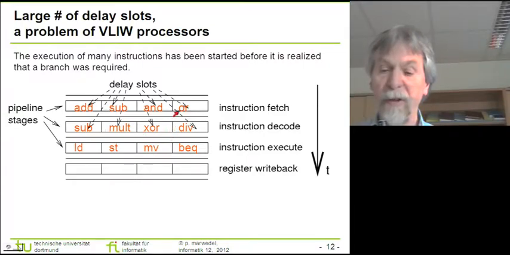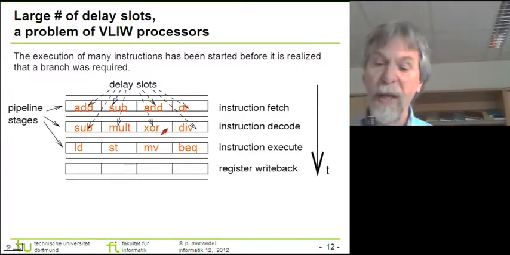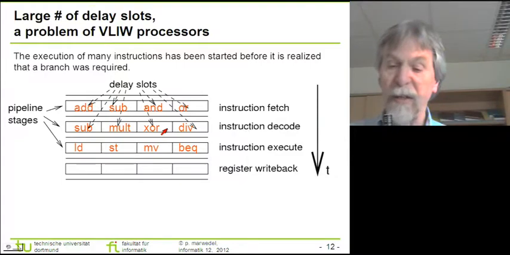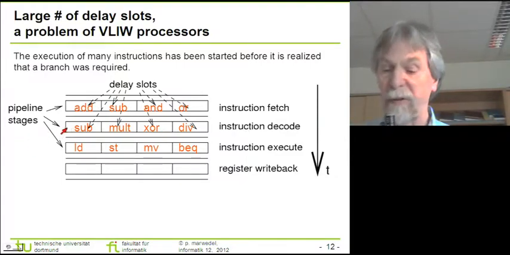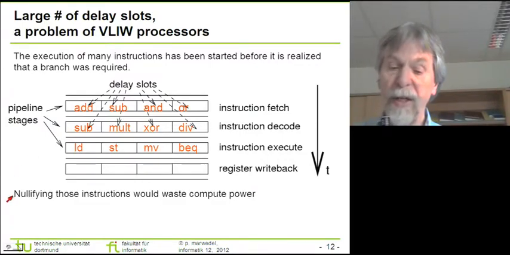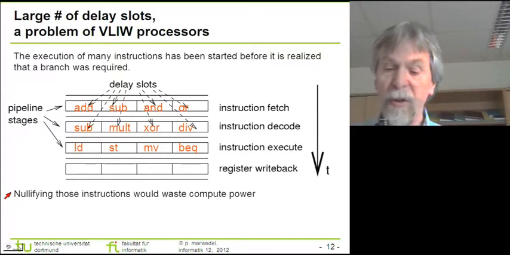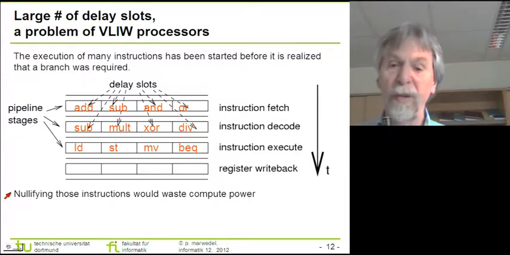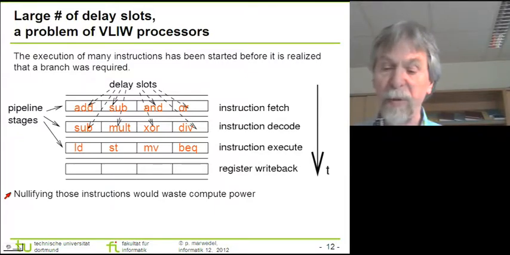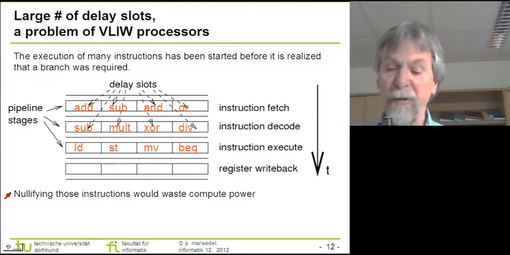So all these instructions that you see up here have already entered the pipeline, and some effort has been spent on them, and that also means some energy has been spent on them. Now we could decide to actively ignore all these instructions. However, this would waste some performance, this would waste some compute power, and therefore we try to stay away from that possible decision.